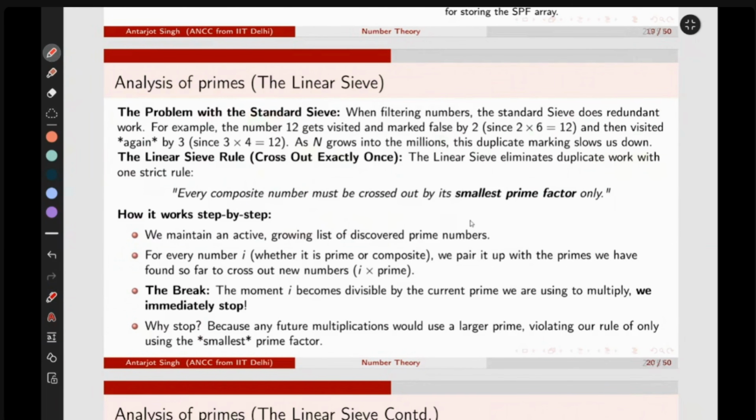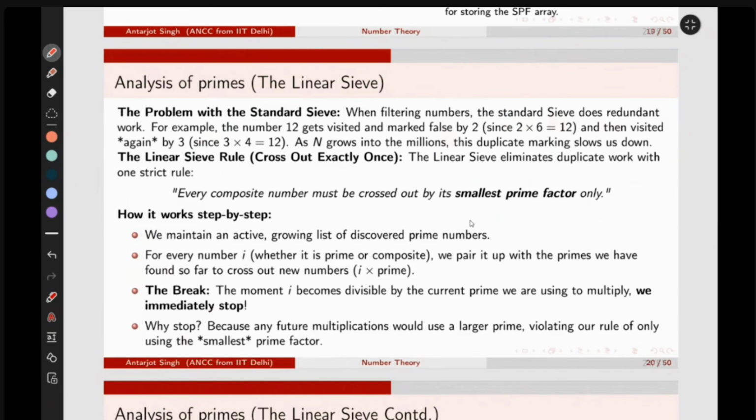Yeah, so let's cover linear sieve. What is linear sieve? The linear sieve is a better way of finding the SPF, with a better complexity. When you are doing a normal sieve, you are doing the computation again and again. Let's say you have the number 15. 15 is visited by the prime 3, right?